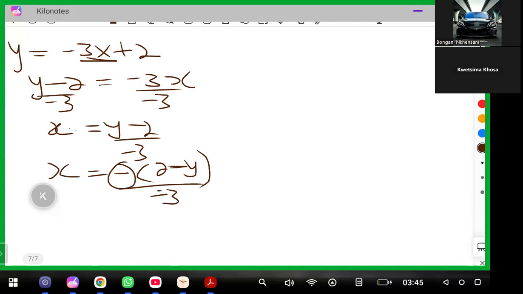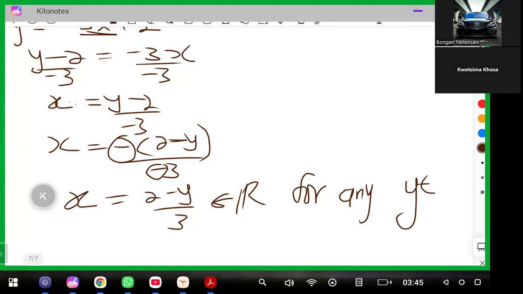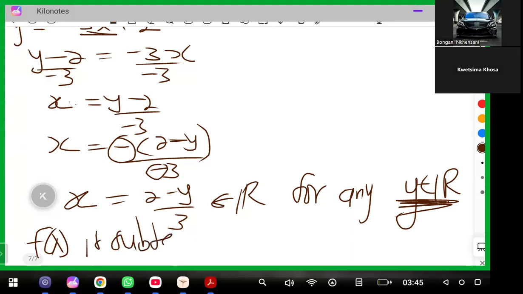The negatives will cancel, then we'll be left with x equal to (2 minus y) over 3. So this is an element of real numbers for any value of y, right? For all values which are real numbers. Therefore, f of x is surjective.